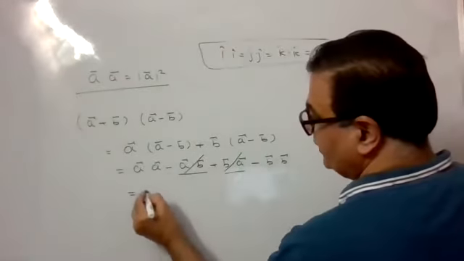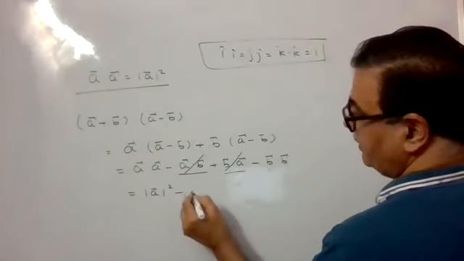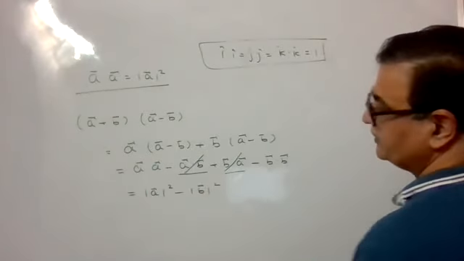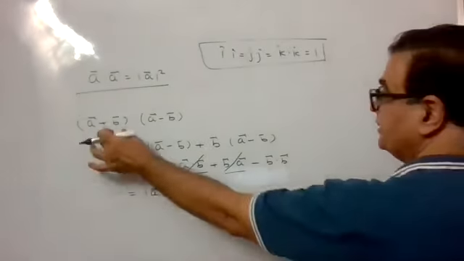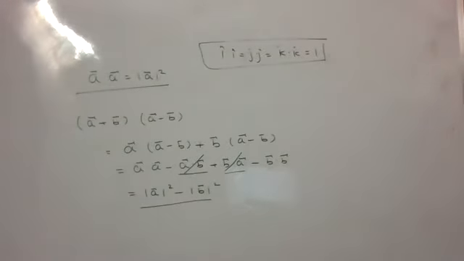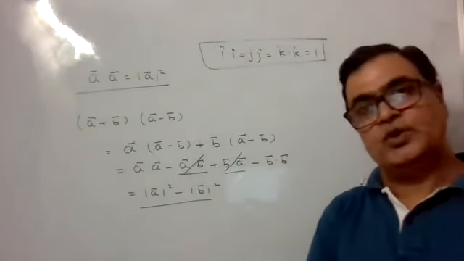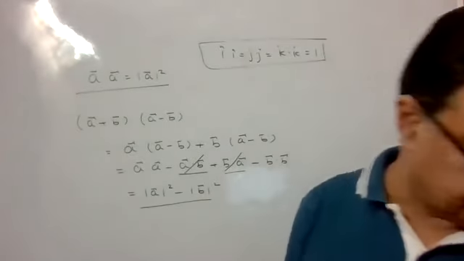And now what this will come, magnitude of A square minus magnitude of B square. So A plus B dot A minus B is magnitude A square minus magnitude B square. So these are the three results you should remember, you will be using in questions also.